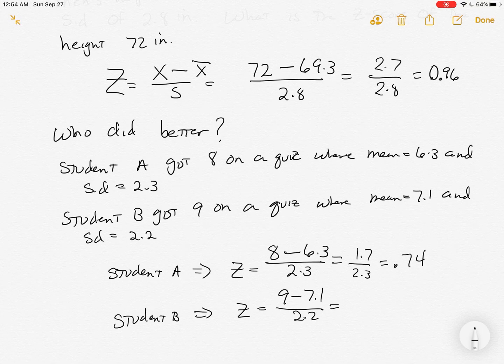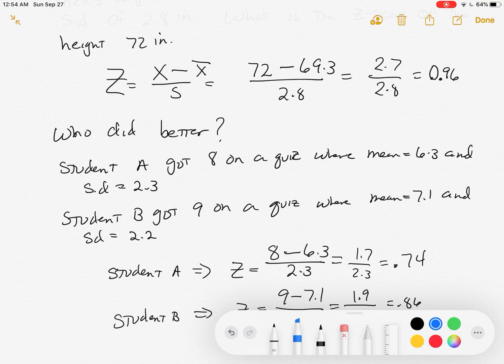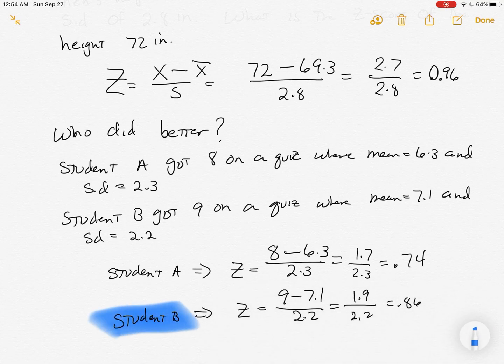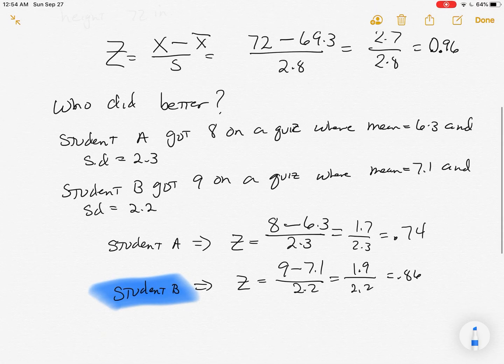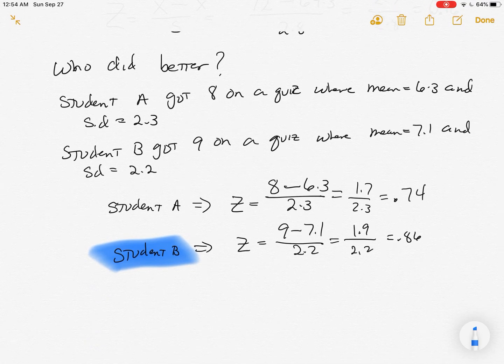If we look at the 9 minus the 7.1, we get 1.9 divided by the 2.2, and we get a 0.86 z-score. So who did better? Student B did better, not because they got 9 out of 10, but because they separated themselves from the mean by more than the other person. And so they'll take a look at some things and want to know, okay, who did better relatively? You're looking for the one with the higher z-score.